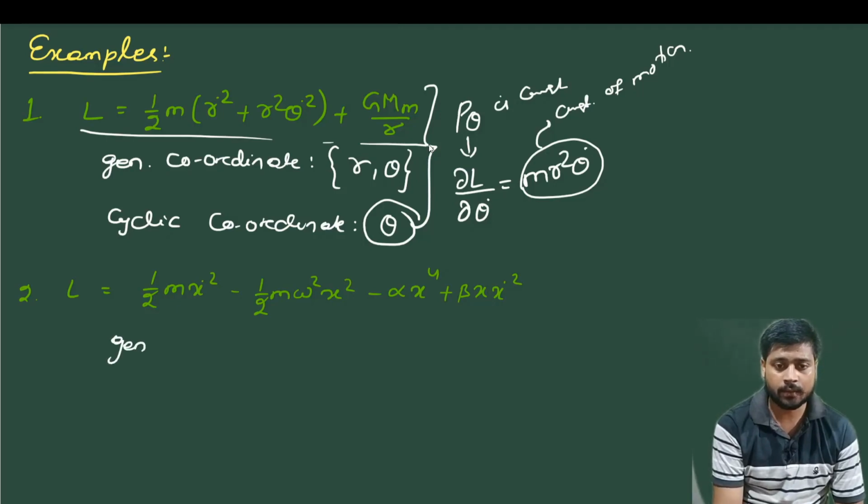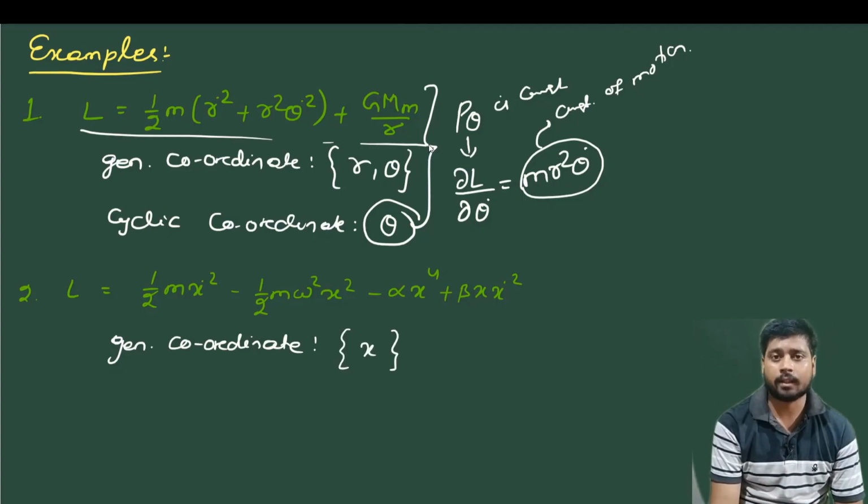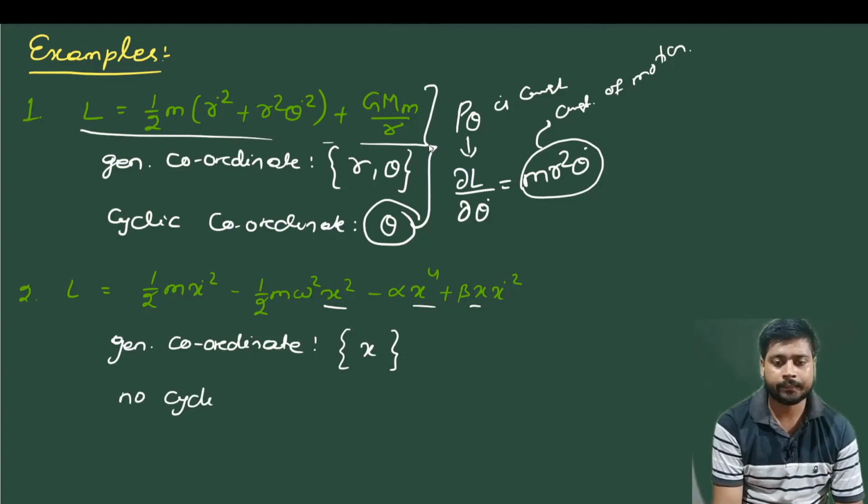The generalized coordinate is x, because here we have only the x dot term present. And there is no cyclic coordinate here because the x coordinate is also present. So here we have no cyclic coordinate. Okay, this is all about the lecture.